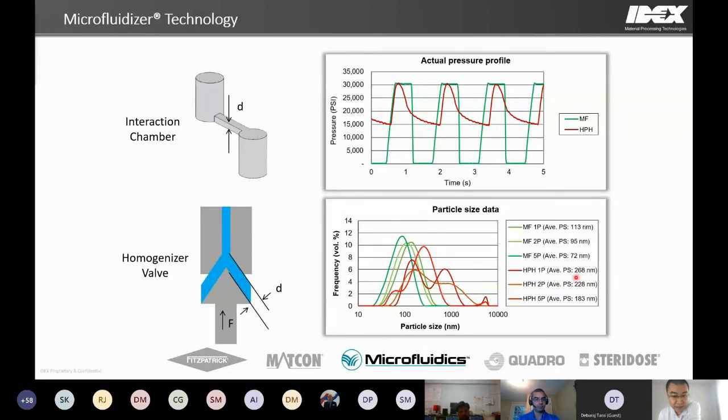So even after 5 passes, the distribution was still bimodal, and the particle size was much worse than just 1 pass after the microfluidizer processor.